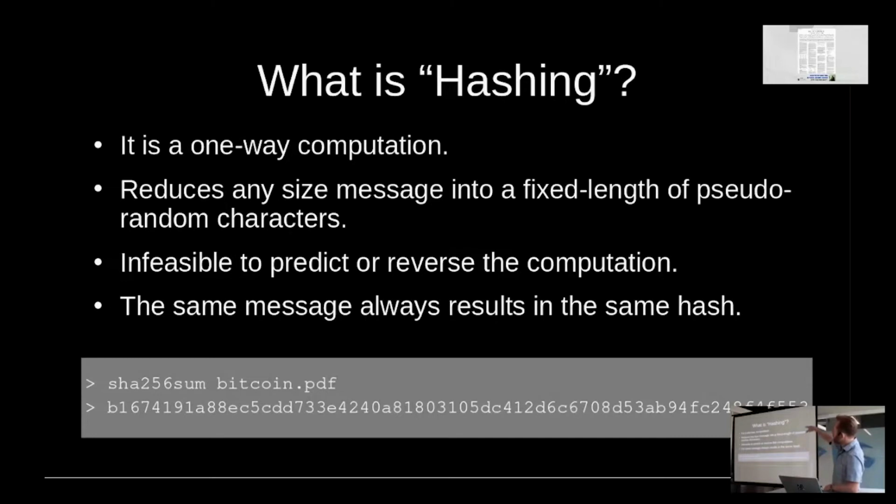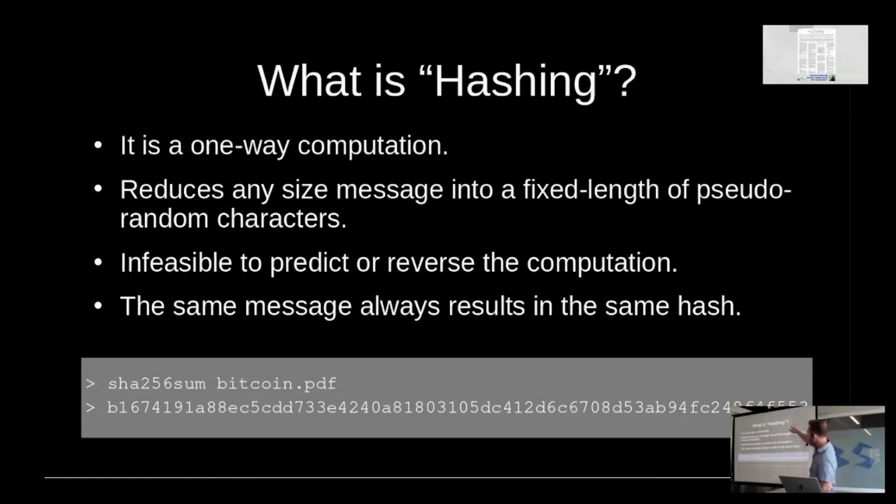So hashing is a one-way computation, which means that I could take any size document. In fact, I took the Bitcoin white paper itself and I hashed it. Now, the Bitcoin white paper is not this big. It is much bigger than this.